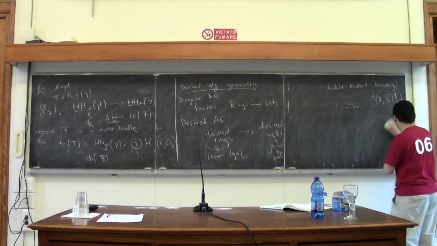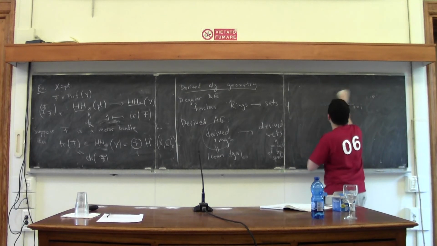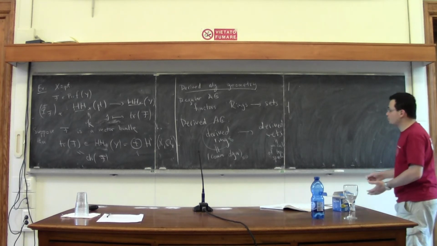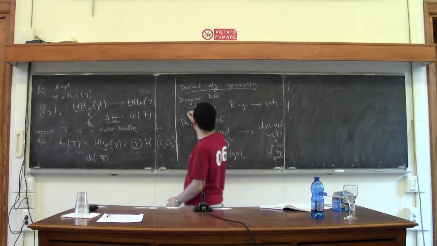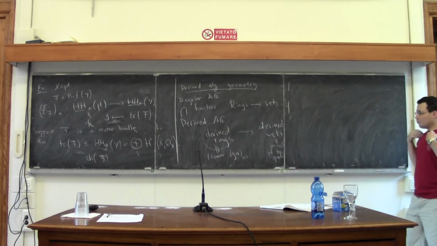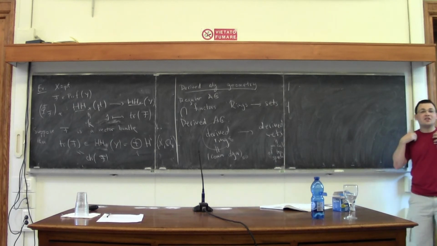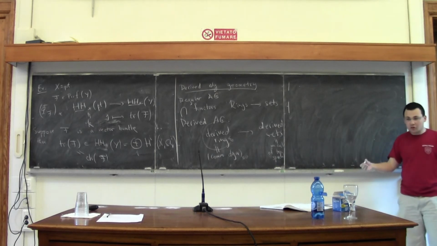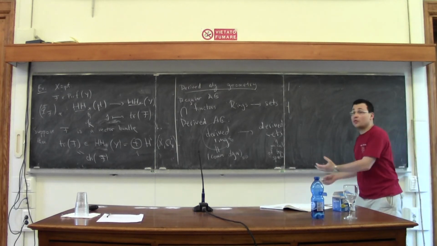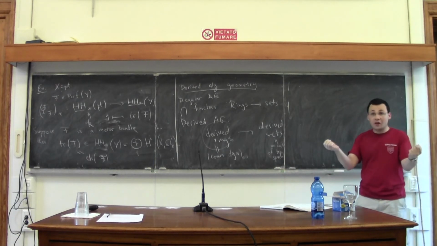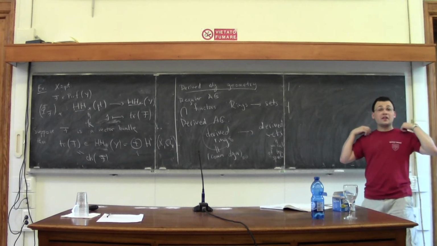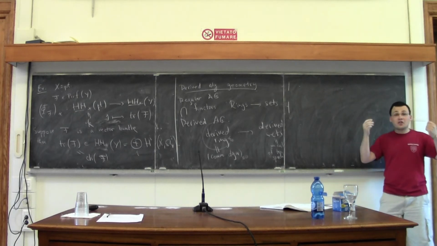But now there is something you can do. So this embeds here. So here's a construction from regular algebraic geometry, which is a little silly, but has a much more far-reaching version in the derived world. So what you can do is you can start with a variety, and you can look at its powers. So you can look at its square, you can look at its third power, and so on.